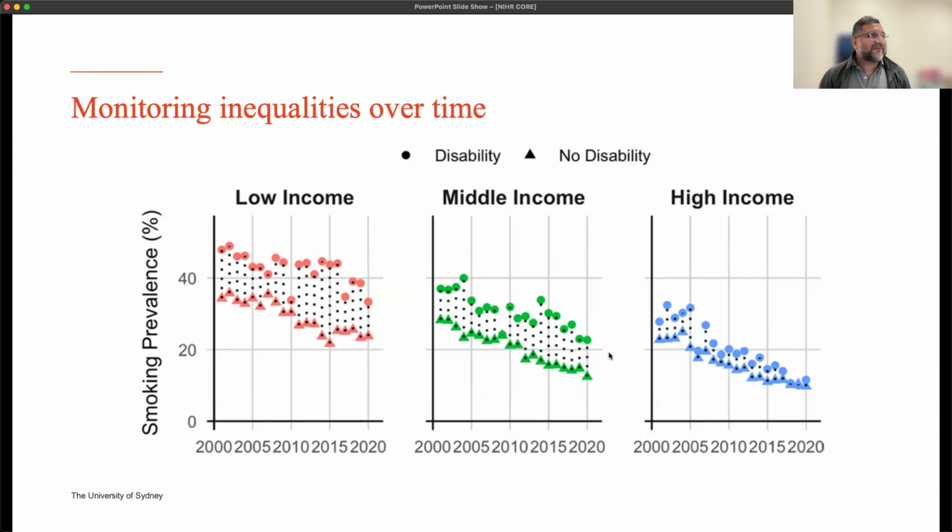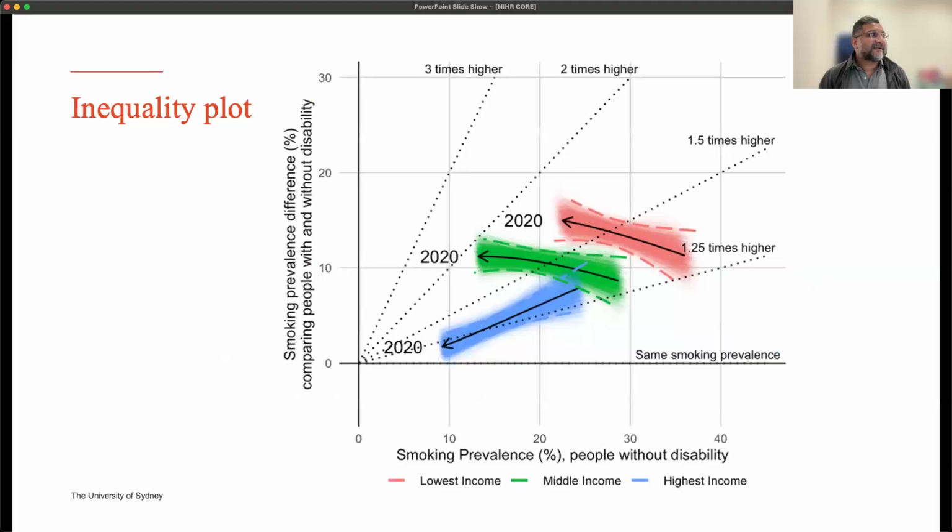What's really interesting is when we start looking at absolute and relative inequality together, a really interesting picture. On your x-axis is the smoking prevalence in the advantage group, which is the people without disability. On your y-axis is the absolute inequality. And on these contours is the relative inequality.